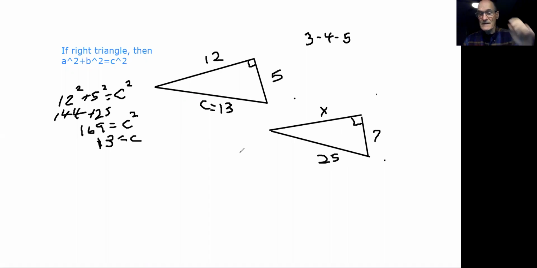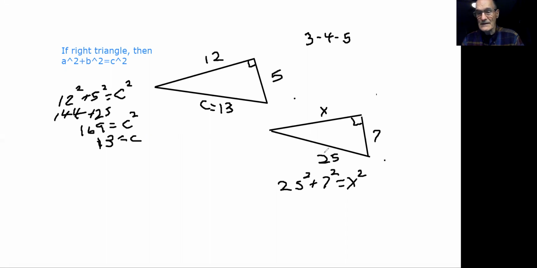Now, the common mistake that's made here is to add 7 squared plus 25 squared equals x squared. But then you're going to get x being bigger than 25 because you're adding 7 squared to 25 squared.